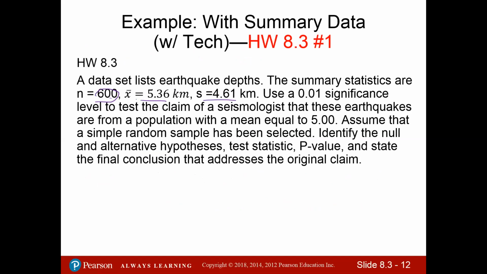Standard deviation is 4.61. Alpha is 0.01. And then I want to test the claim that the population mean is equal to 5.00. So remember, equal to means that my alternative will be a two-tail, not equal. So that's a two-tail test. Okay, so I'll use the p-value approach to get the results.